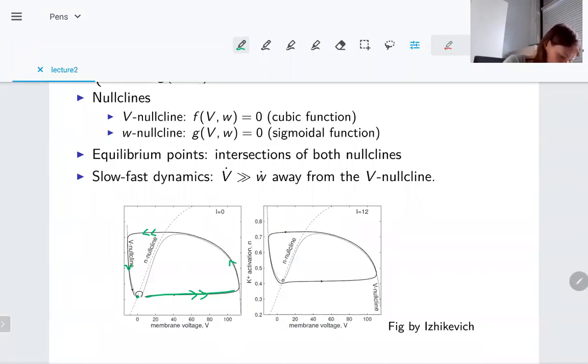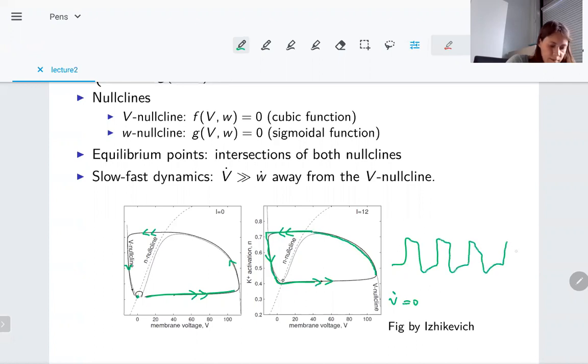We go fast from this left branch of the slow manifold, then we move along this right branch, then also a rapid change here, and then again moving slowly along this branch, and then jumping up again. What we have here is this oscillatory behavior.